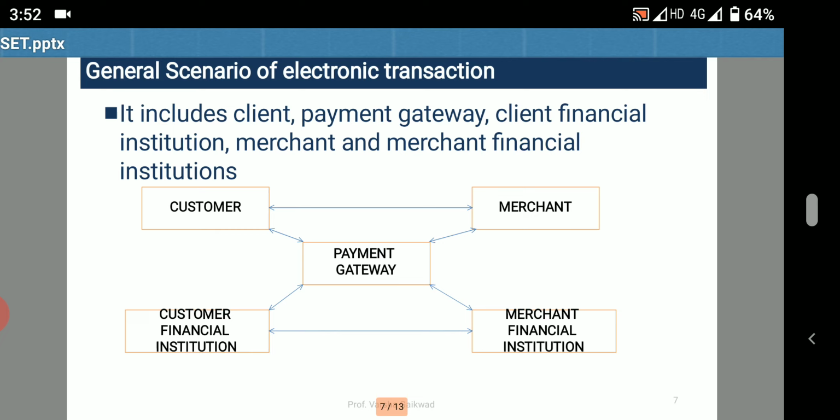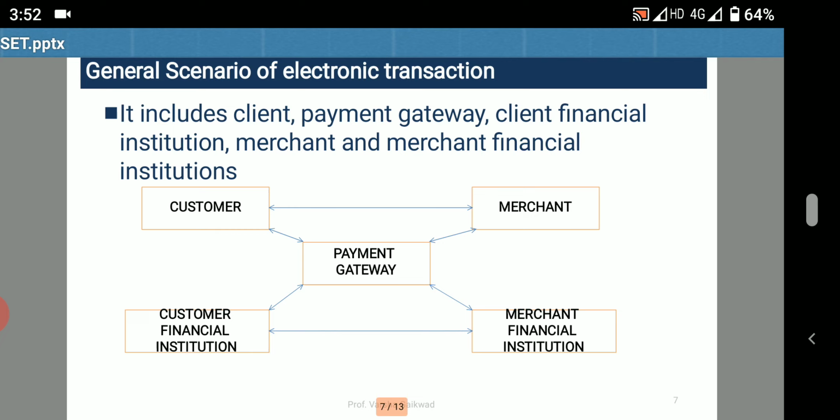Here, the buyer and seller's information is present in the financial institution. Okay, what is a financial institution? It holds the buyers' and sellers' information. Then the payment gateway, what does it do?